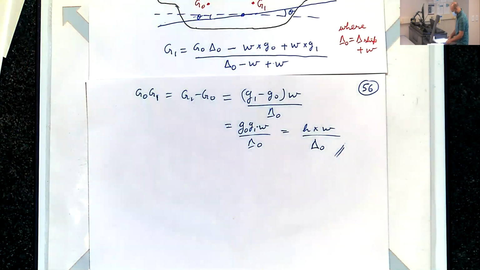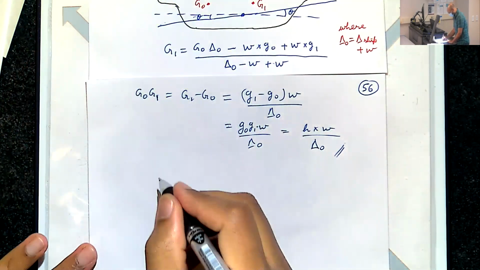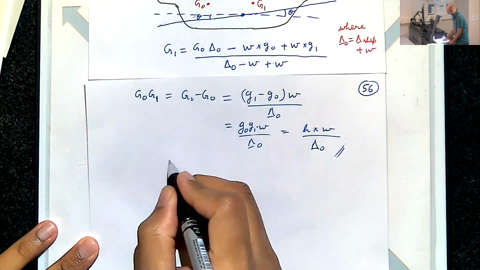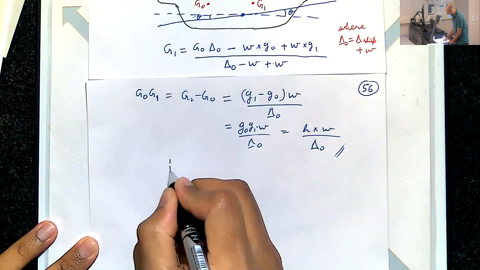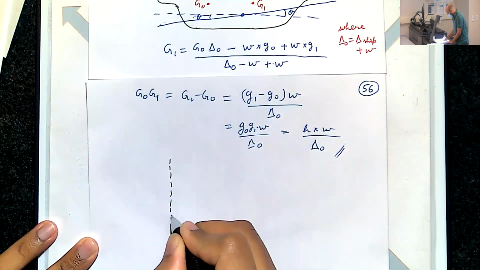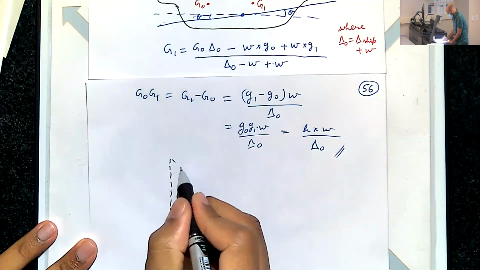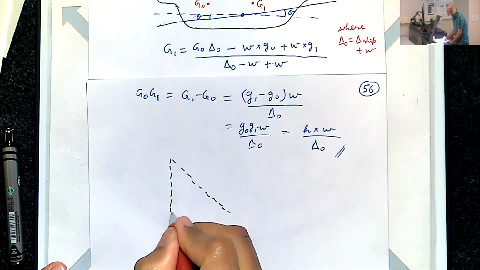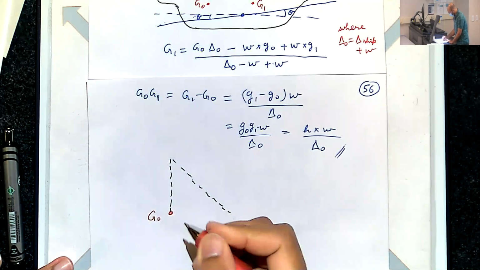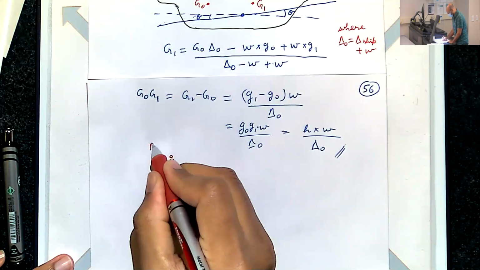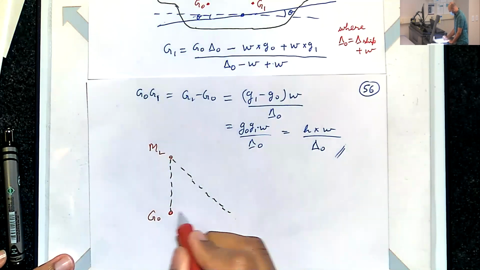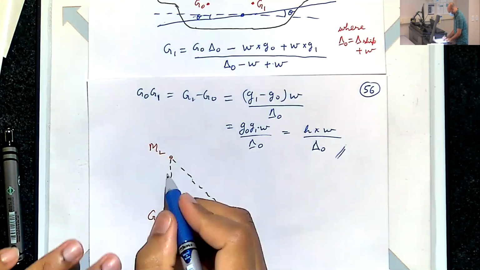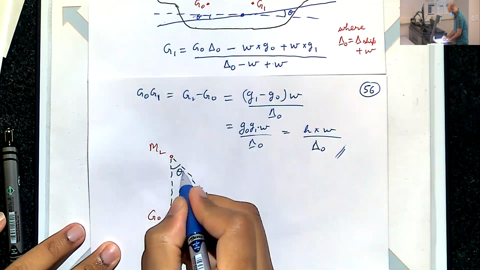When that shift happens, we look at what happens to our metacenter. So let's say this was our G0, this was our metacenter location. And now G0 has moved to G1, causing a tilt, trim theta.